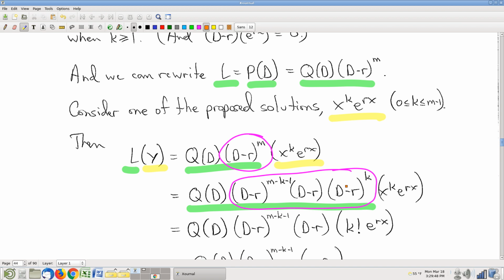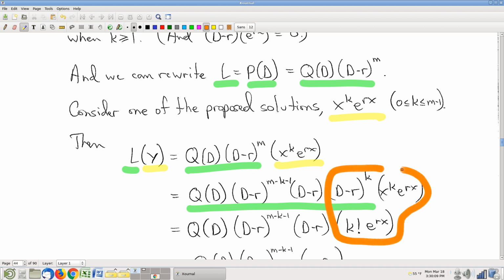I have here k factors of d minus r and k powers of x, and they just, one at a time, pair off and cancel each other. All together, that simplifies as just that. Roughly speaking, these k factors of d minus r cancel with these k factors of x.